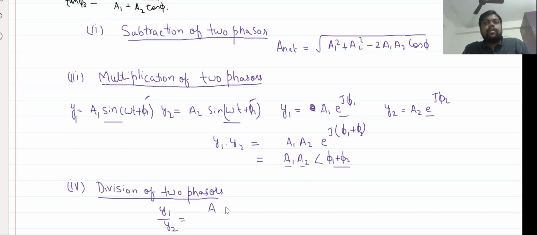You will be writing A1 e to the power j phi 1 by A2 e to the power j phi 2. Now here you will be getting A1 by A2, and e to the power j into phi 1 minus phi 2. So here the magnitude you will be getting just by division, and instead of addition as we did for multiplication, here you have to subtract.